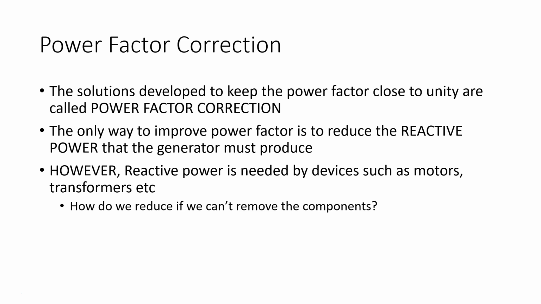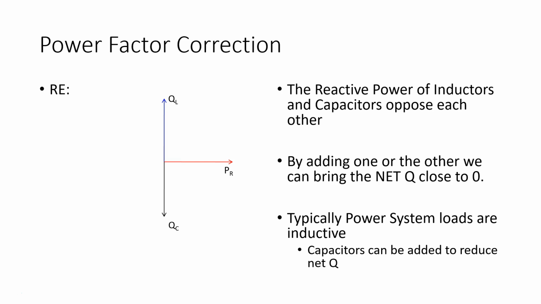To compensate for this, what we typically do is we add capacitive Q. We can't actually reduce the amount of inductive Q in the system easily, because that's what the devices need to work. You can't remove it, because that would mean removing the device or redesigning the device altogether.